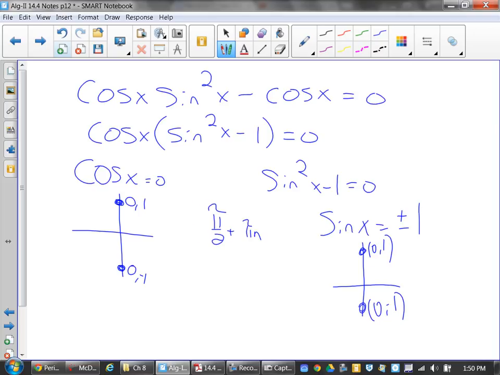So in this case, my solution to both of them is pi over 2. So you could eliminate the other, but on other questions you might wind up with two different solution sets, because it's the same idea of factoring. X could be 2 or x could be negative 3. We'll start to get more and more into this as we go.